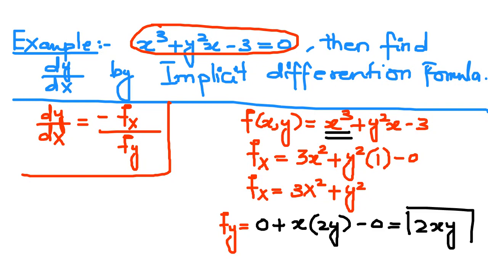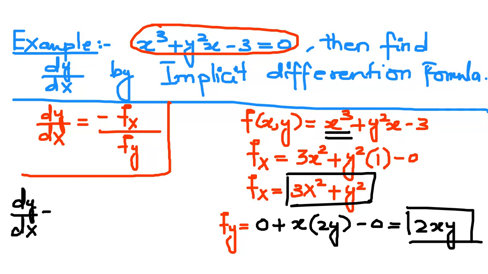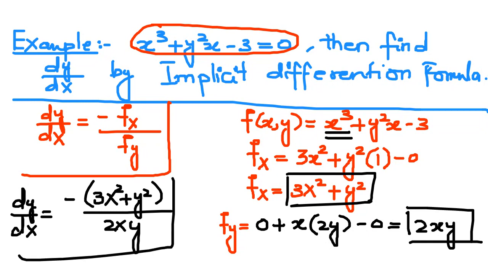Substitute this value and this value in the formula. What you will get is dy over dx equal to negative times 3x square plus y square, divided by 2xy. So this is the implicit differentiation of this equation.